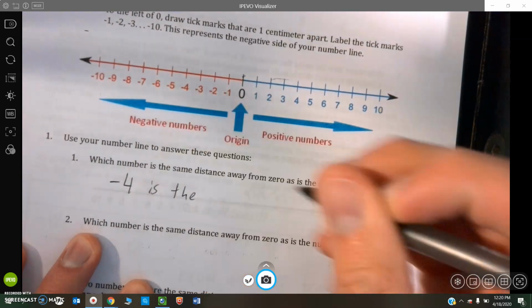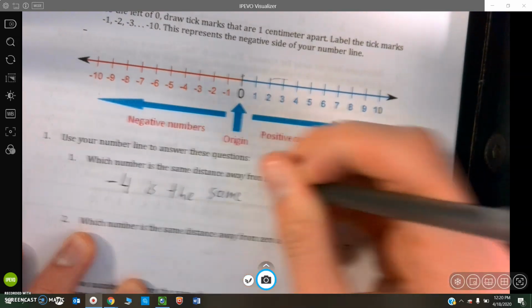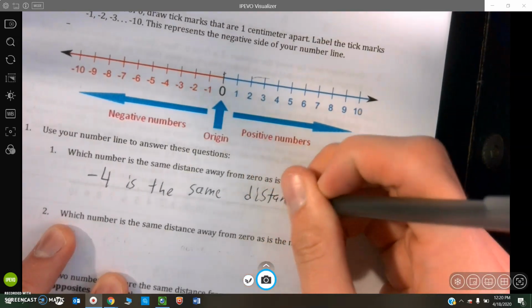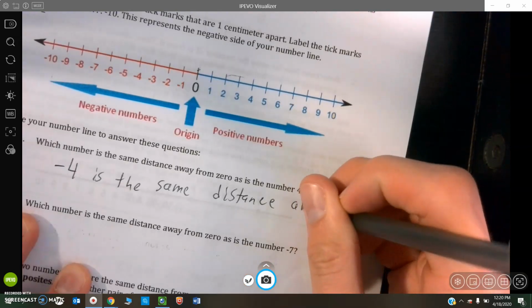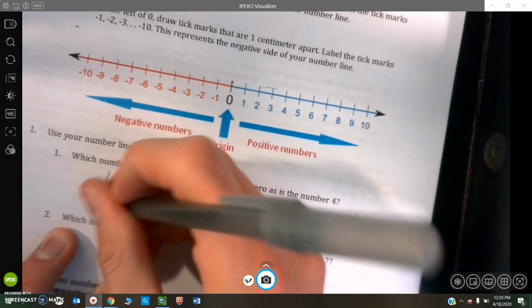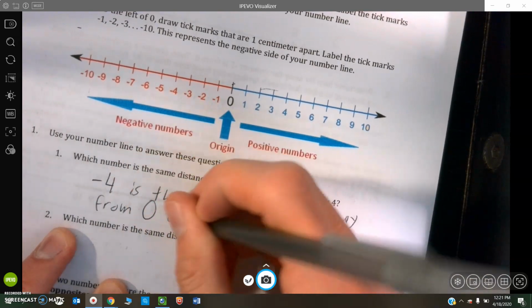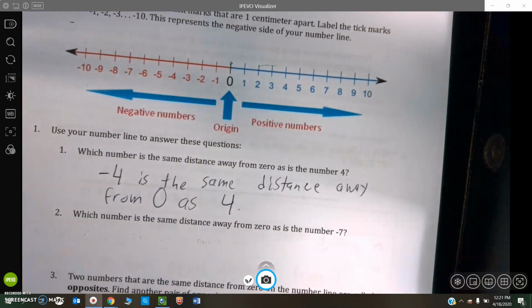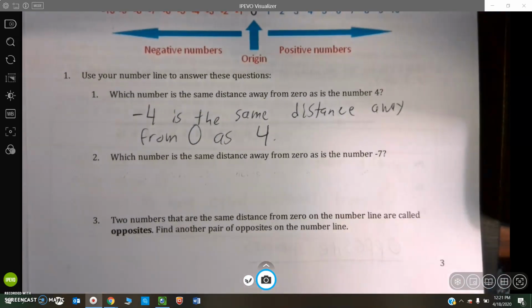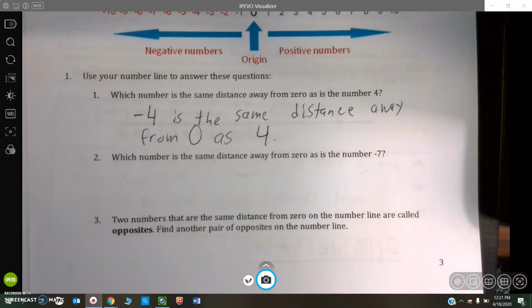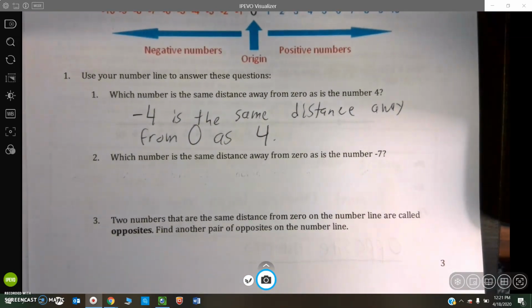-4 is the same distance away from 0 as +4. Which number is the same distance away from 0 as is the number -7?